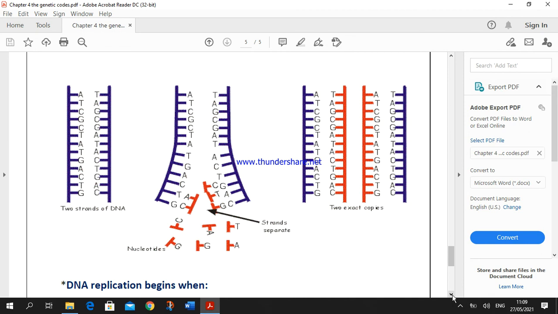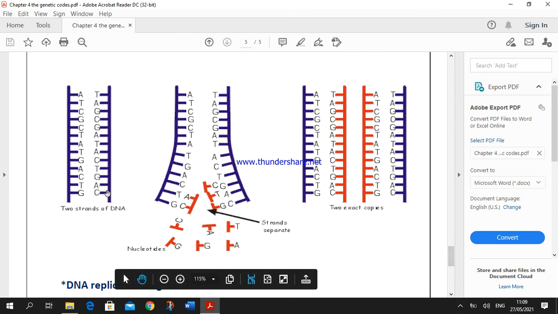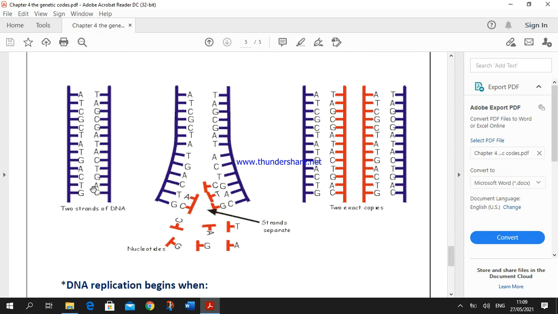We know that DNA consists of two strands, connected by the pairing of nitrogen bases: adenine always pairs with thymine, thymine always pairs with adenine, cytosine always pairs with guanine, and guanine always pairs with cytosine.